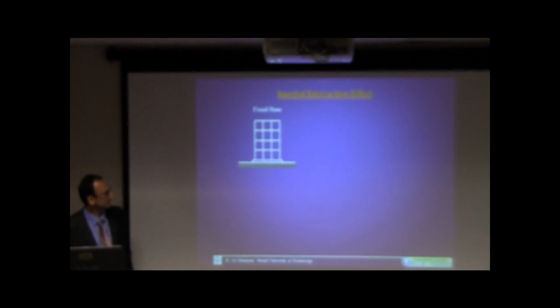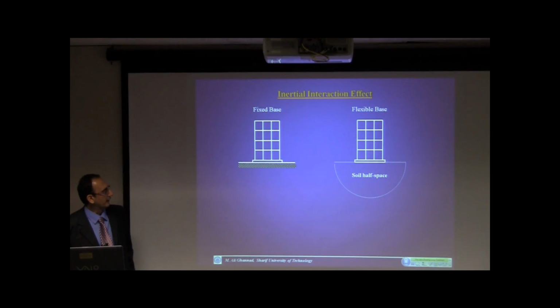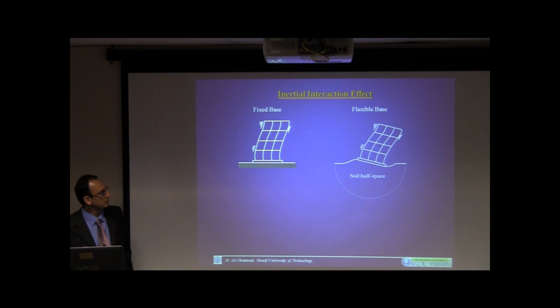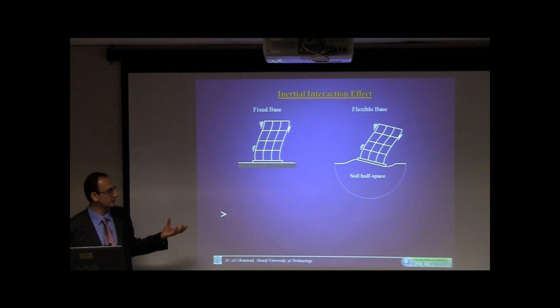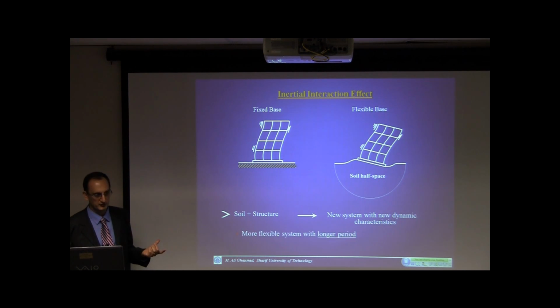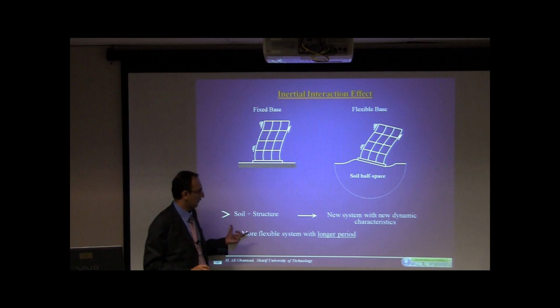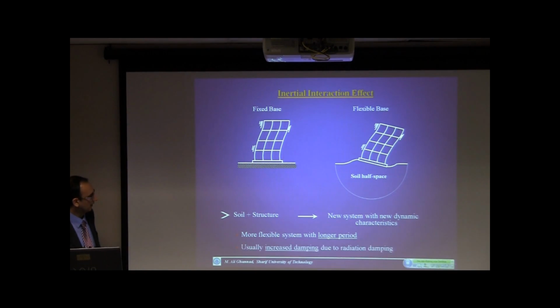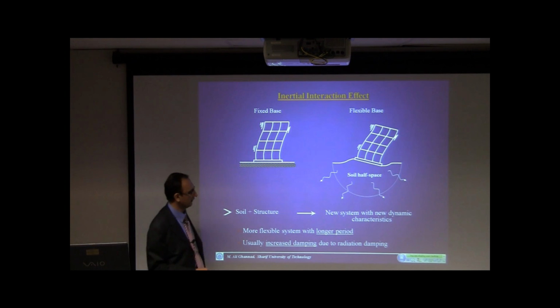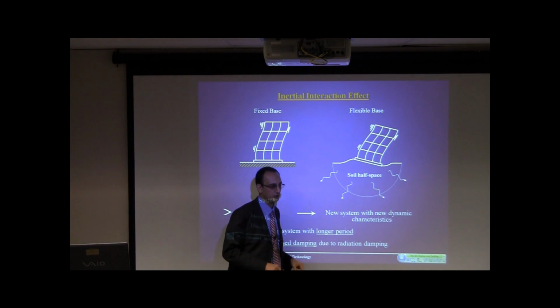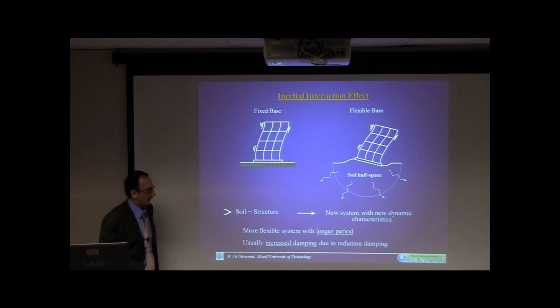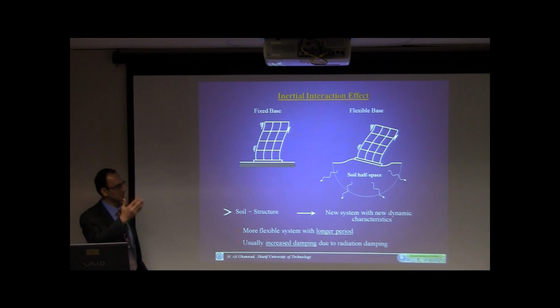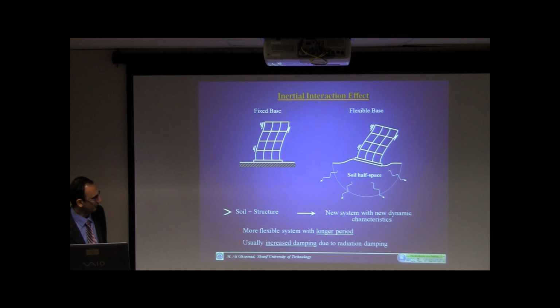And then the inertial interaction. When you look at the problem again, of course, the responses of the two systems are different because of the flexibility of the soil. It can be said that the soil and the structure make a new system with new dynamic characteristics, which means a longer period because of the flexibility of the soil, and usually increased damping, higher damping due to the wave propagation in the soil to infinity, or it can be reflected at some boundaries, of course.